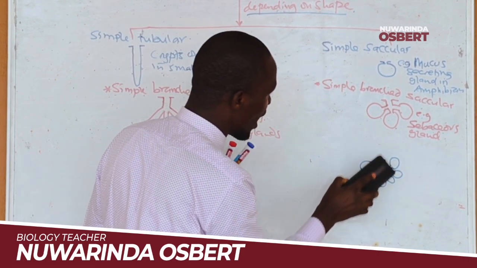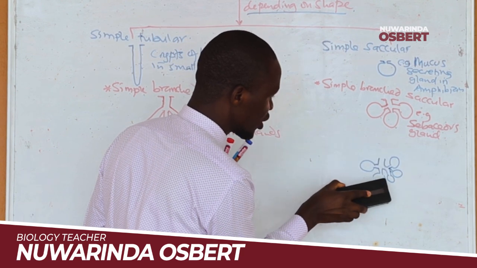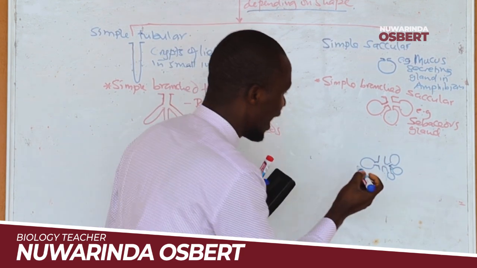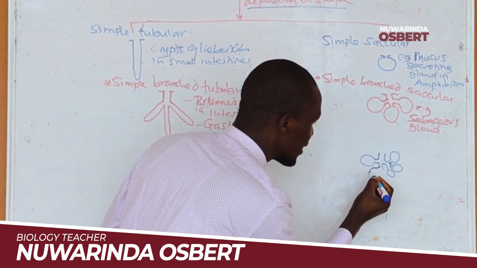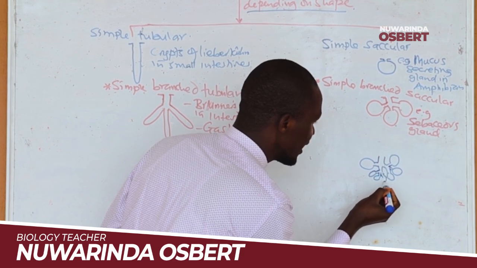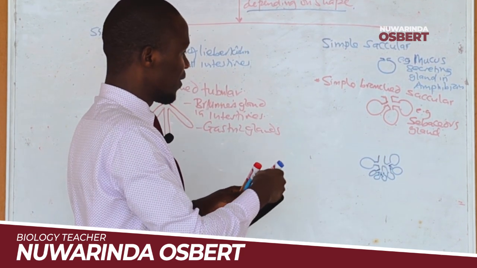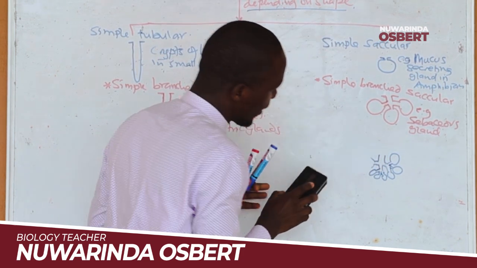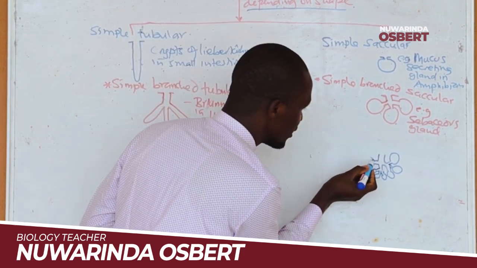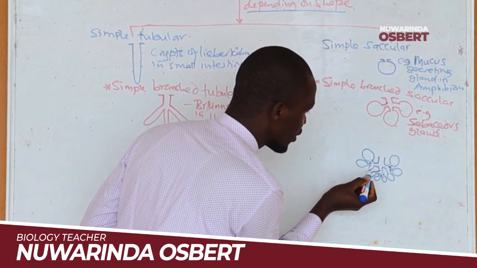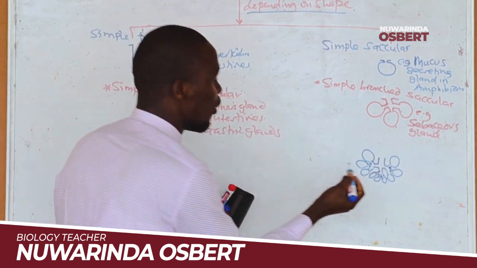Even this one which was one also branches itself further, and it gets another branch like that, then another like this. Likewise, even this one, which was originally like this, gets subdivided, and you end up having something like that. So when you check here, you see this one now is becoming complex.